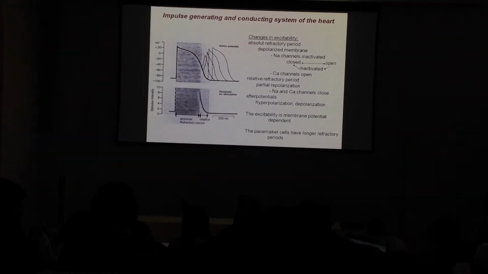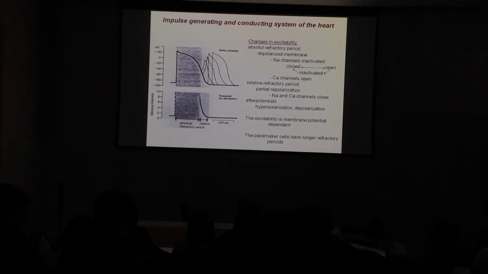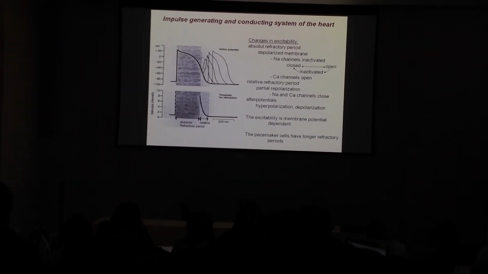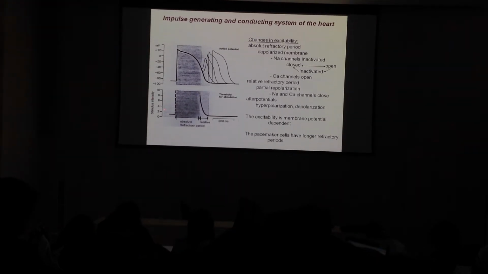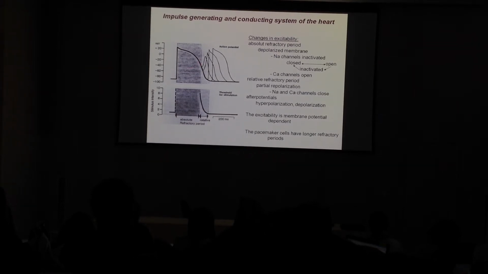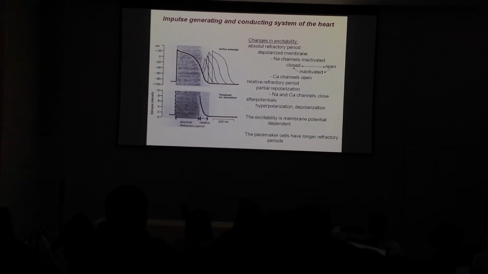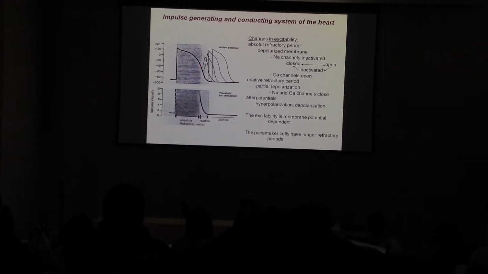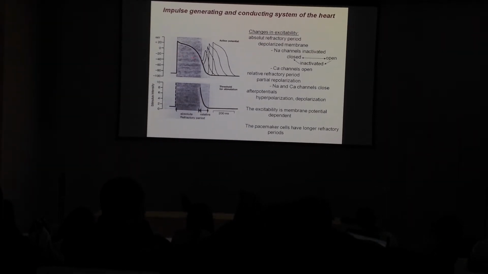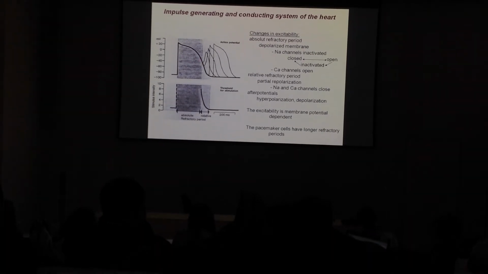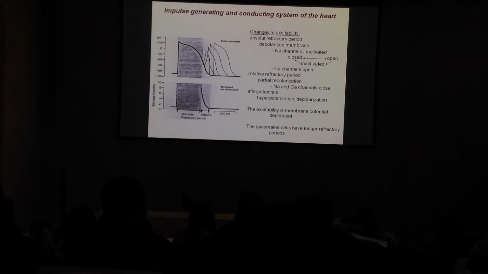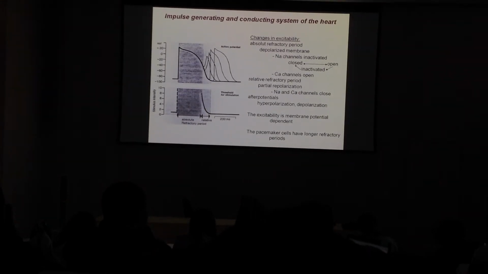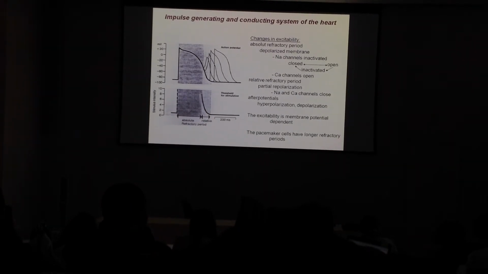And why is it so important? It is very important because during the cardiac action potential, during a certain point of repolarization, the membrane is inexcitable, and no second action potential can appear.